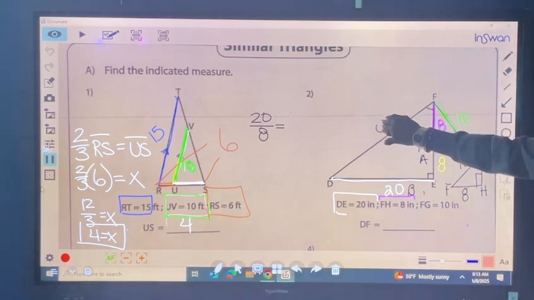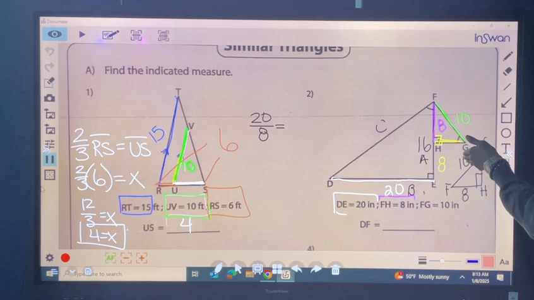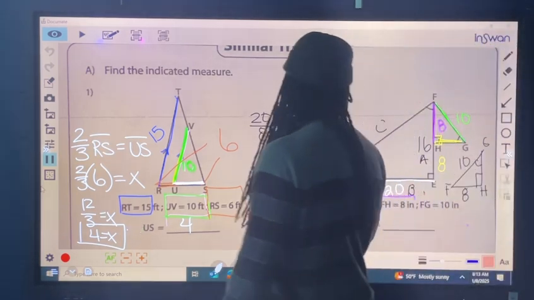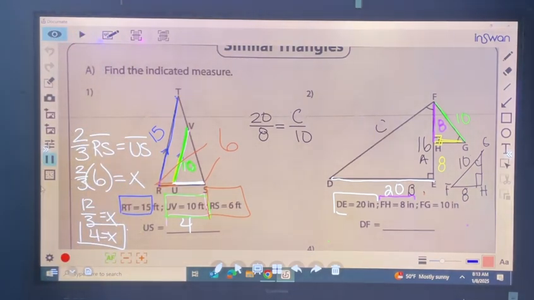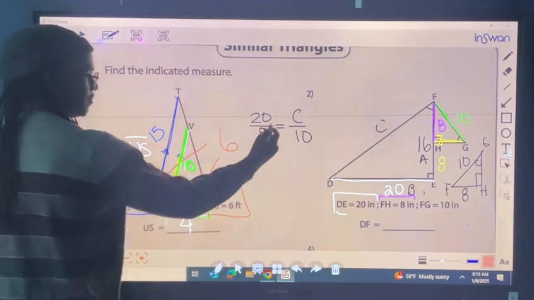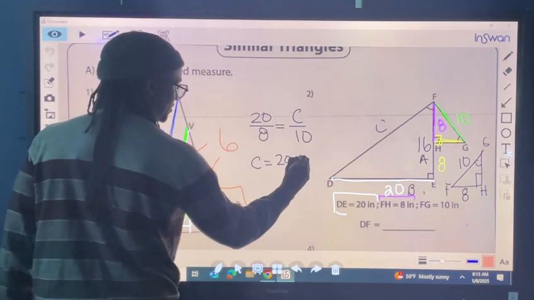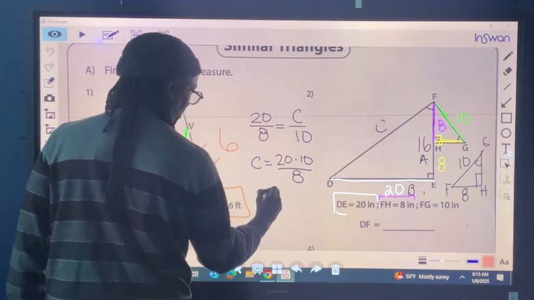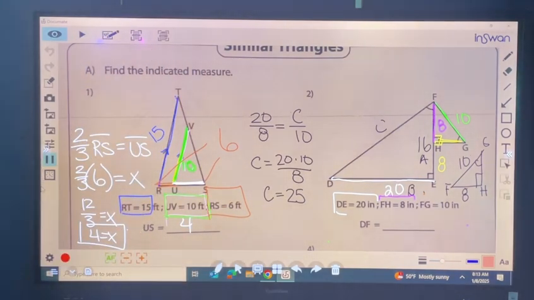And so we're looking for C. So remember, this C value has to also be proportionate to this 10 value over here. So we'll call that C over 10. So all he did here was that the value of C would just be cross multiplied, 20 times 10, and then if you divide it by 8, you should get 25. Dude, that's so much easier than whatever you were doing before.